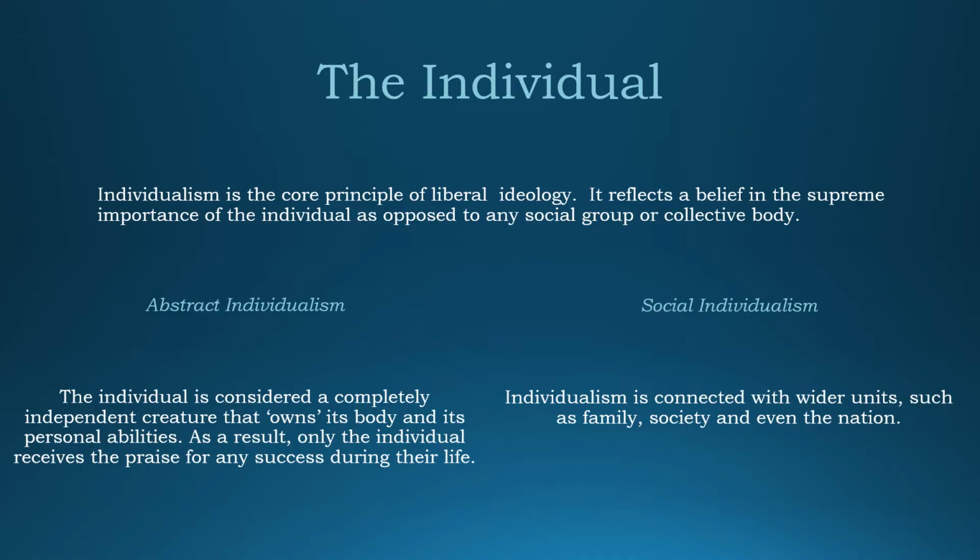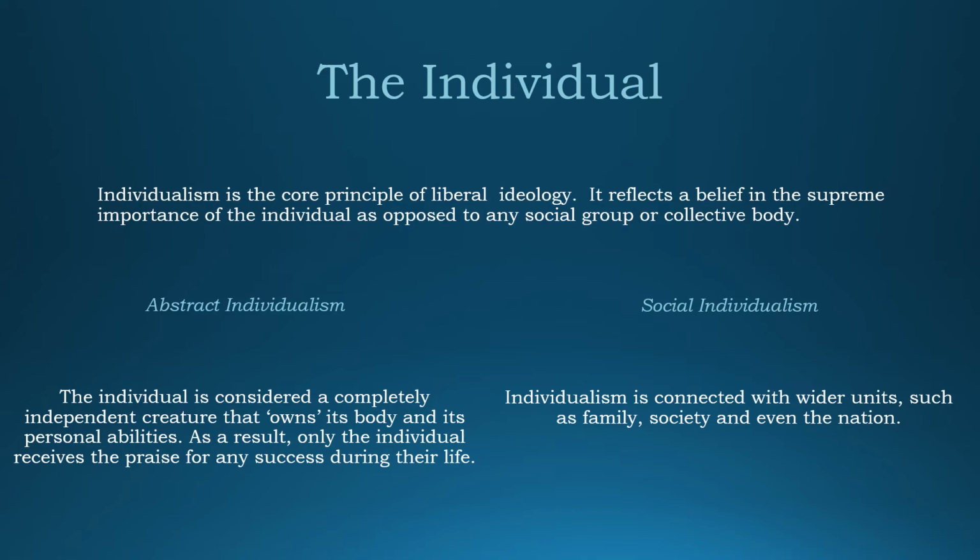Although individualism has been a very important principle in liberal work, liberals have not always agreed how to define it. The American liberal John Dewey explained that within liberalism, some believe in abstract and others in social individualism. Abstract individualism is the individualism closest to the classical stream of liberalism.